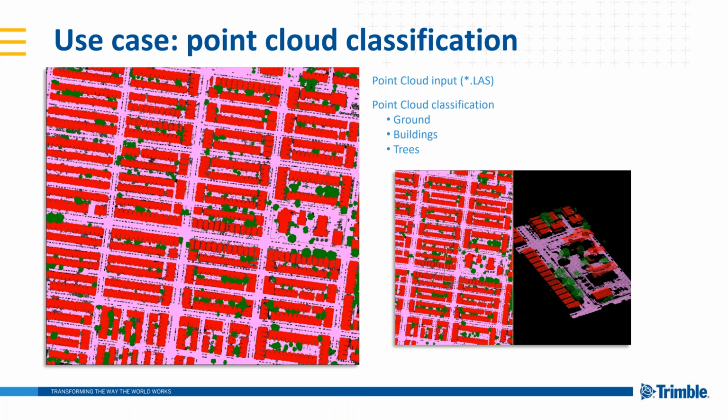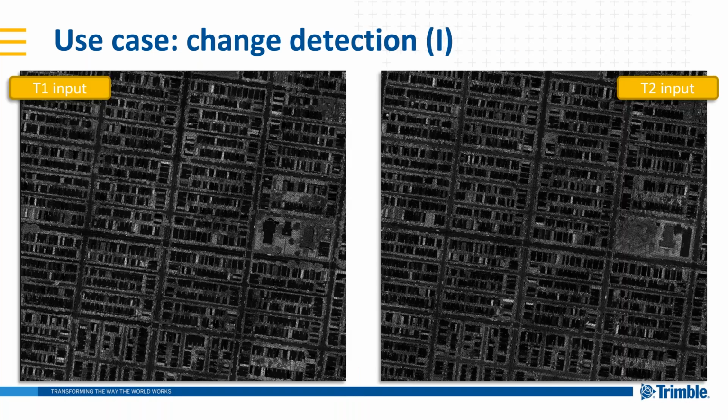Another use case here is change detection. In this case, we have 2 point clouds, one representing T1 and T2. If we look in the mid right-hand section of these images, we see that there is say a construction site. There's a change between these two data sets, and we can do this change detection directly within eCognition and apply it into our point cloud.